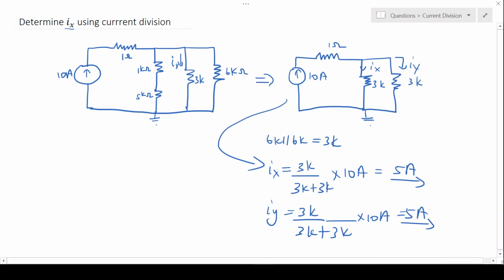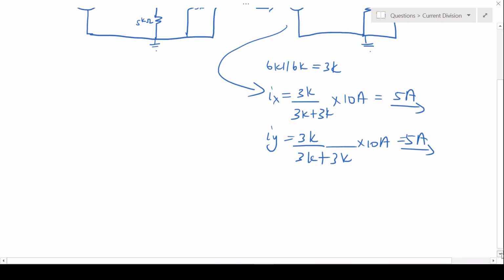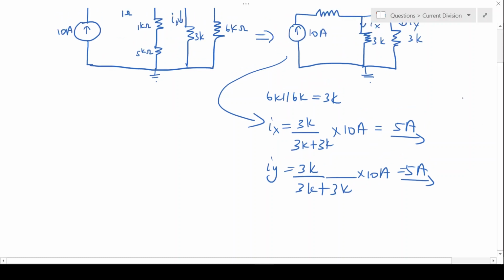Let's say, just to change values, this was a value of 6K and that was 3K, then we would have said Ix, which is the current flowing here, would have been 6K over 6K plus 3K multiplied by 10.